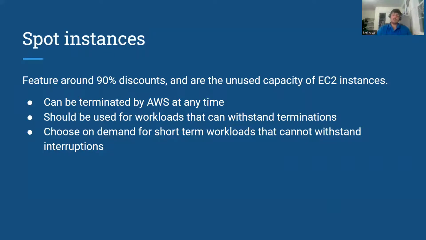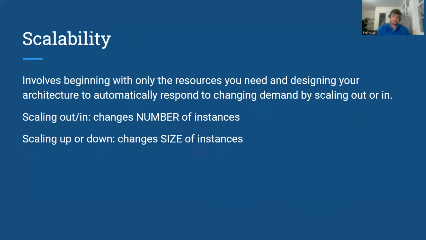And for a workload that cannot withstand interruptions, once again, you want to choose on-demand. I believe there are always a couple of questions regarding spot instances, on-demand instances, reserved, and dedicated hosts. So it's a good idea to get a good grip over what all the different instance types are.